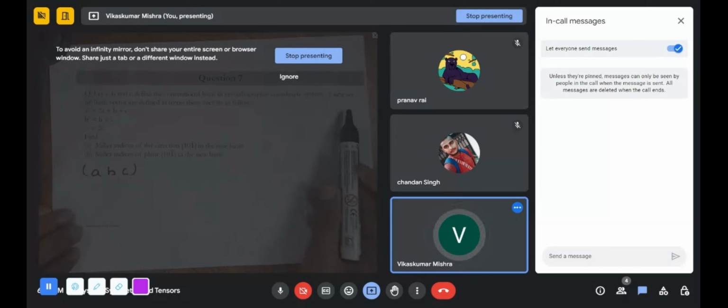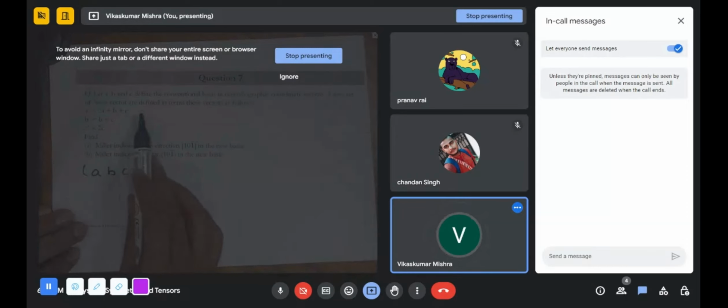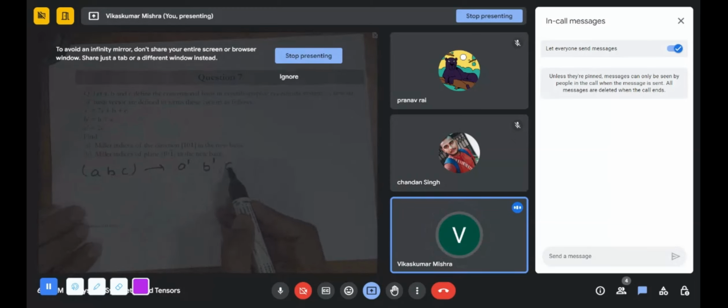A new set of basis vectors is defined in terms of these vectors as follows. So they are defining the new set of basis vectors, that is A dash, B dash, and C dash.